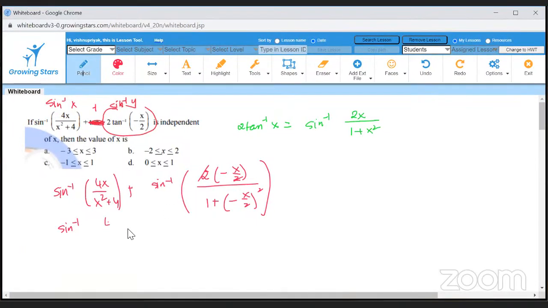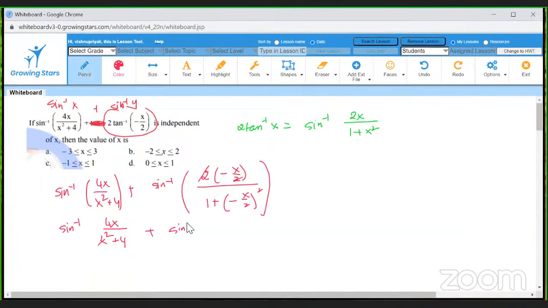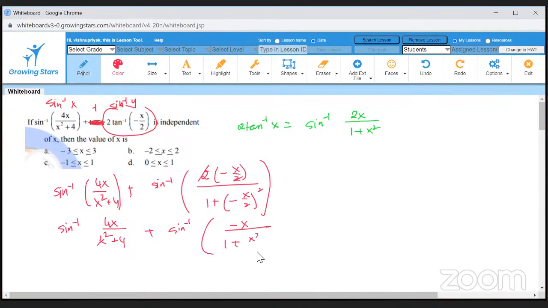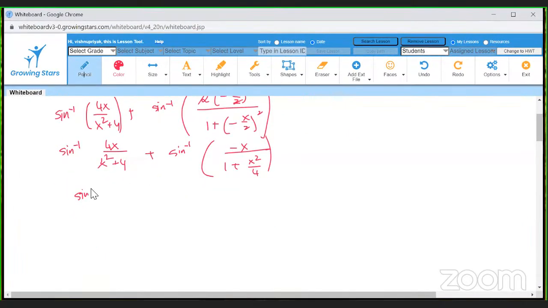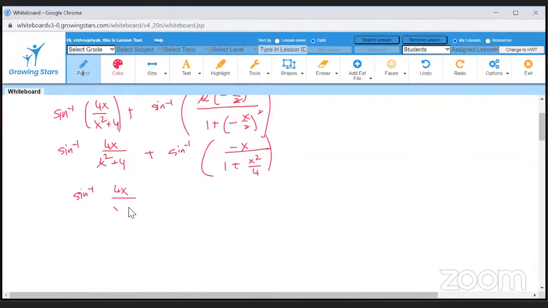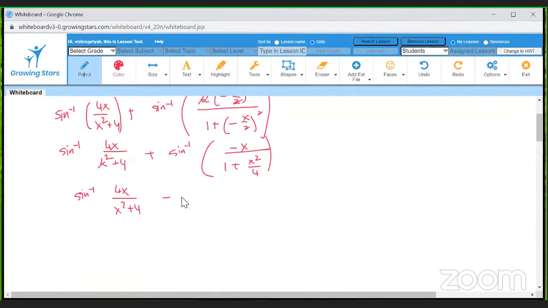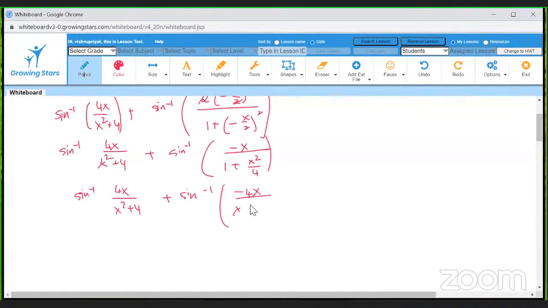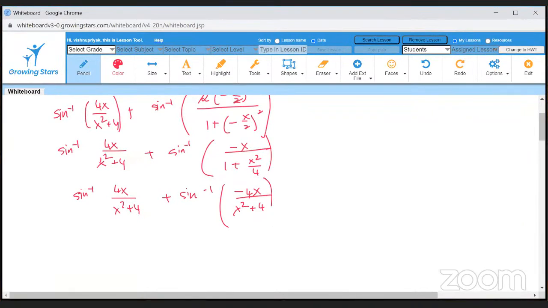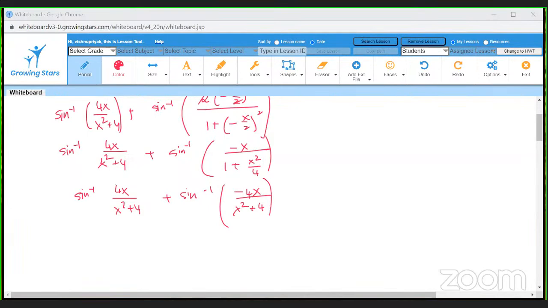Sine inverse 4x by x squared plus 4 plus sine inverse minus x by 1 plus x squared by 4. Then what happens? Sine inverse 4x by x squared plus 4 plus sine inverse minus 4x by x squared plus 4. This is what you got.